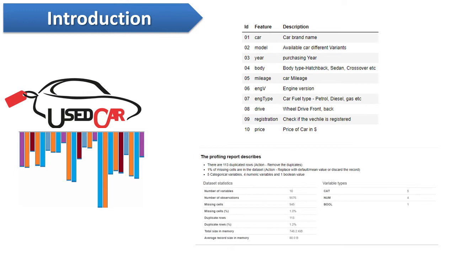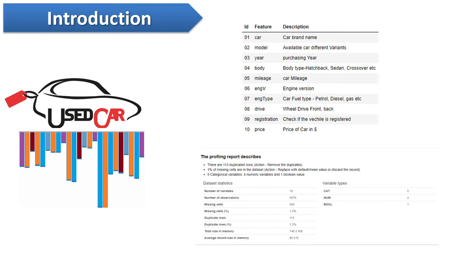And the mileage. Engine volume is nothing but the capacity of the engine, whether it is a 1 liter engine or a 2.5 liter engine. The engine type talks about which fuel injected vehicle it is. Is it a petrol injected vehicle or a diesel injected vehicle?